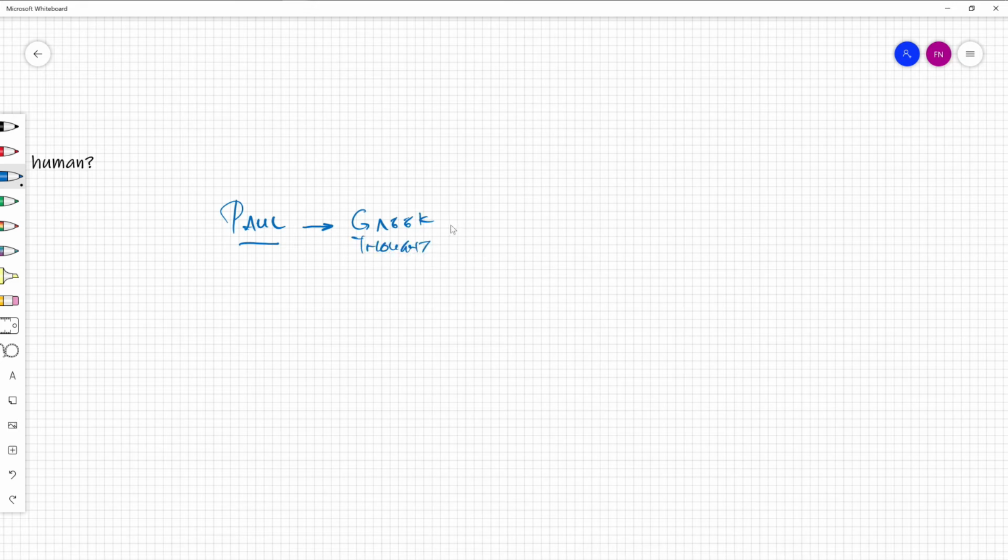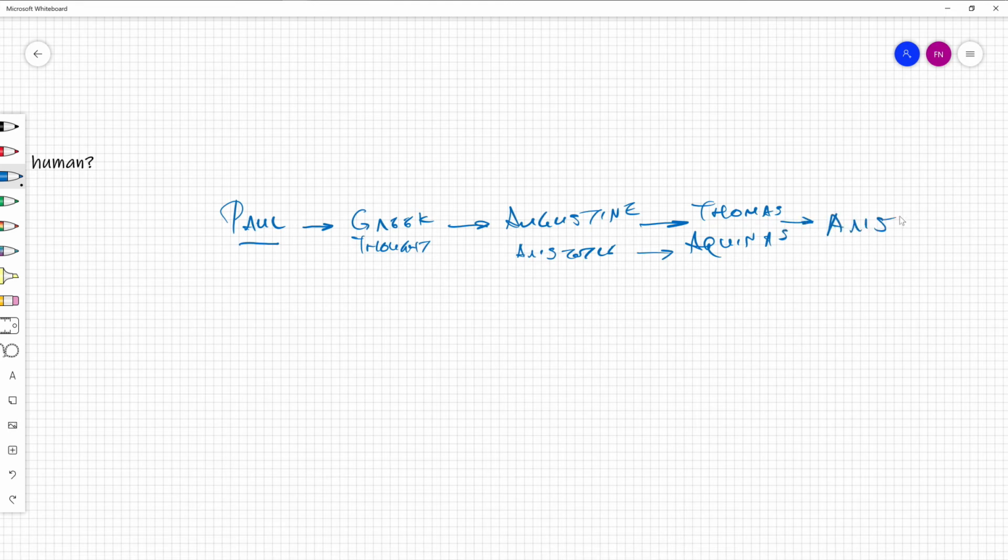When Augustine converted to Christianity, there was a kind of reintroduction of Aristotle. Unabashedly, Thomas Aquinas reappropriated Aristotle yet again to create a Christian systematic theology that is clearly Aristotelian.